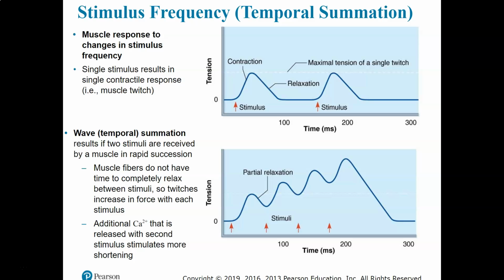And we get this stronger and stronger response in part because the cell hasn't had time to clear all the calcium out of the cytosol. So there's already calcium inside of the cytosol when it receives another stimulus, and so it releases more calcium, and we recruit more and more cross bridges to form, and so we get a stronger and stronger contraction.